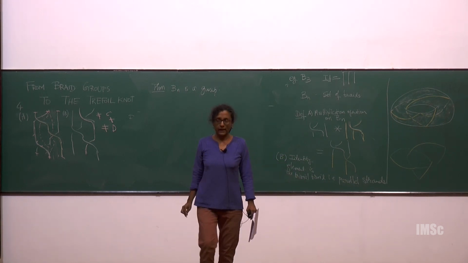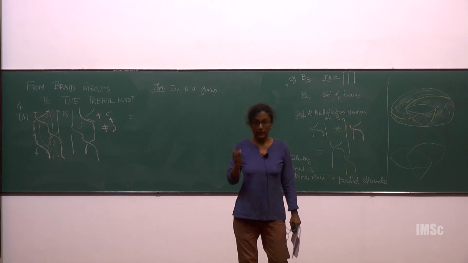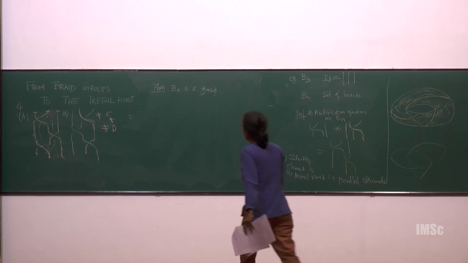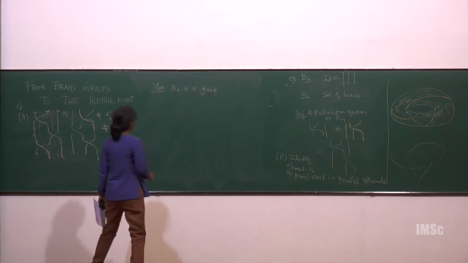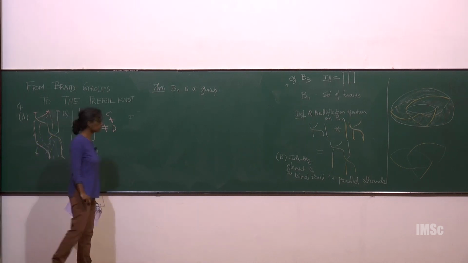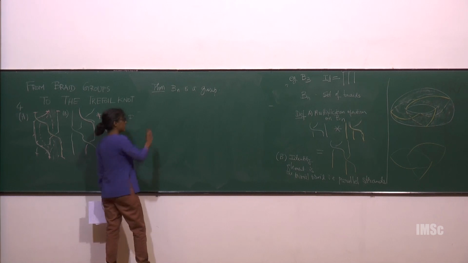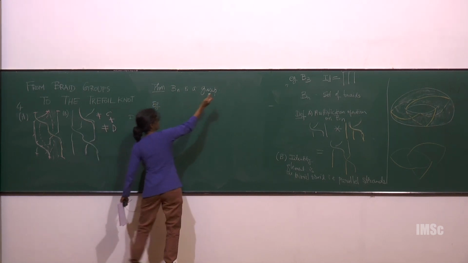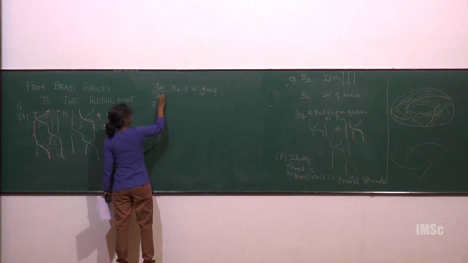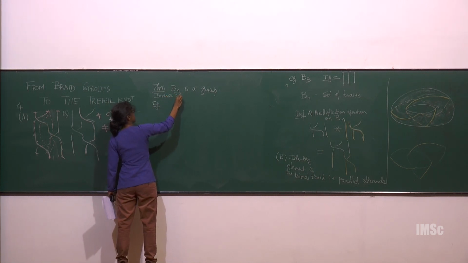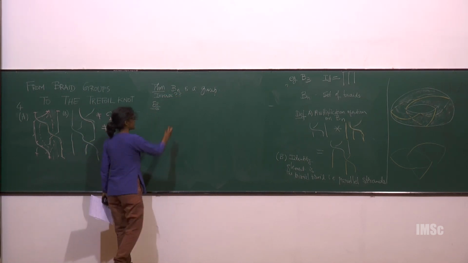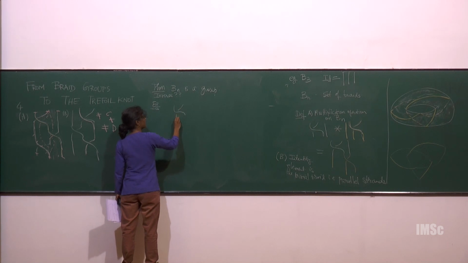Then it has an identity element. Inverse. Inverse is one thing we need to check. So let's try to construct some inverses. And here, let's try with the simplest braid, okay? So the question now is, does there exist an inverse? So let's start with the simplest example in B2.